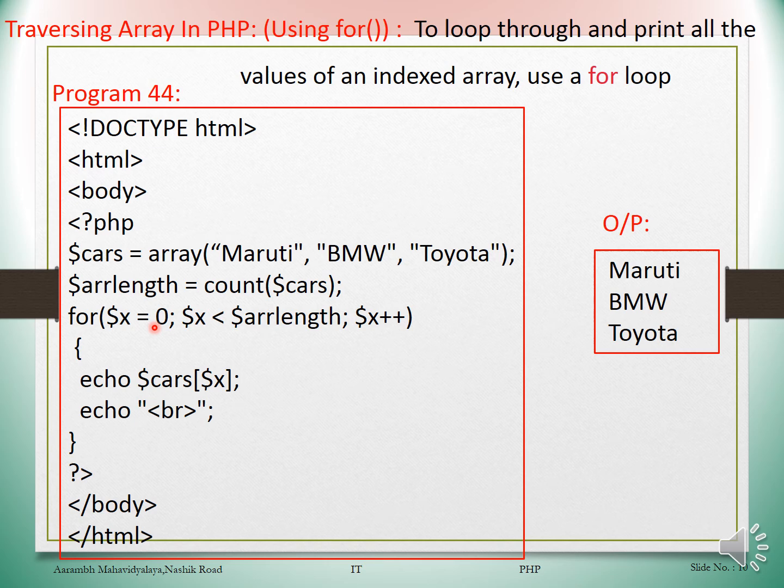First of all, the value of x is 0, the first location, and then we have to check the length of x up to its count. That means $x is less than 3. Internally it will be 3. Then $x plus plus. The initial value is 0. To go up to 3, we have to increment the value of x. Therefore it is x plus plus.